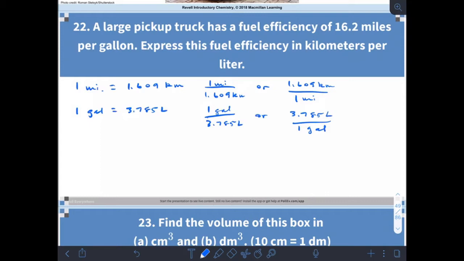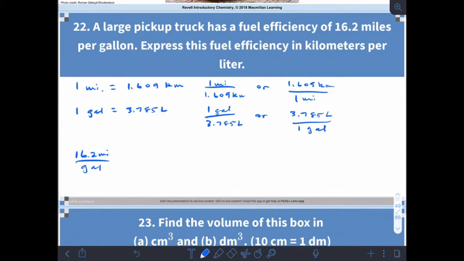So I'm going to start with my given information, which is 16.2 miles per gallon. Then I'm going to use a conversion factor, and I'm going to start arbitrarily with the gallons. Right now in my given information, I have gallons on the bottom.